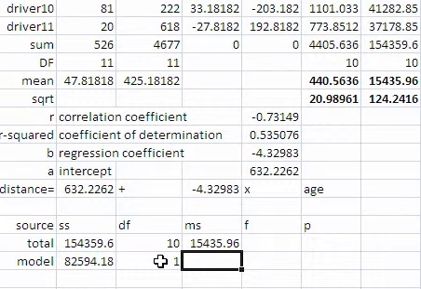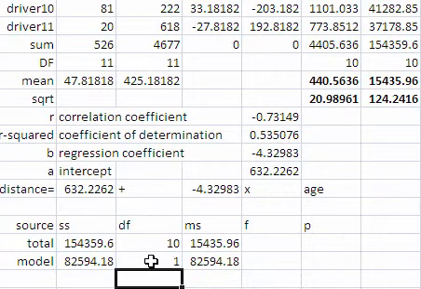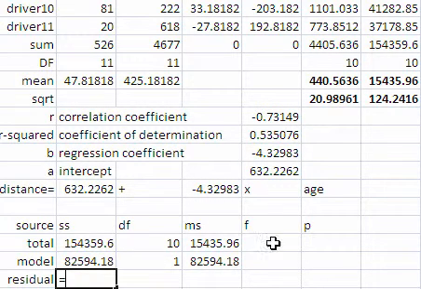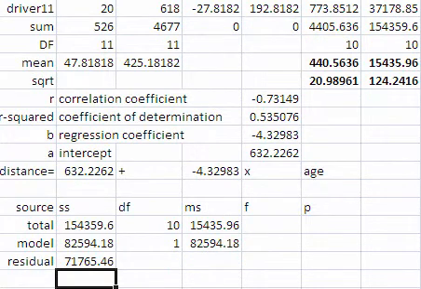And the mean sum of squares equals the sum of squares divided by the degrees of freedom. And the remainder is called the residual sum of squares, what remains. By subtraction it is equal to the total minus the model, and that 71765 is the residual sum of squares.